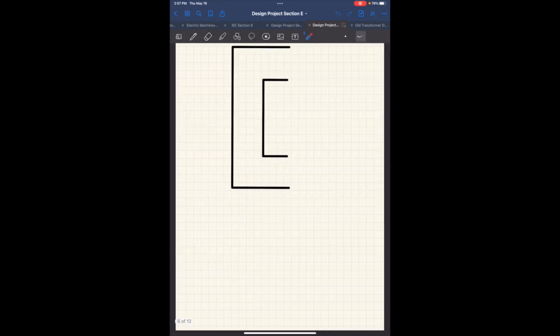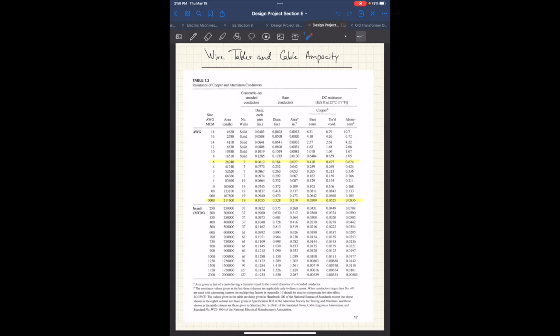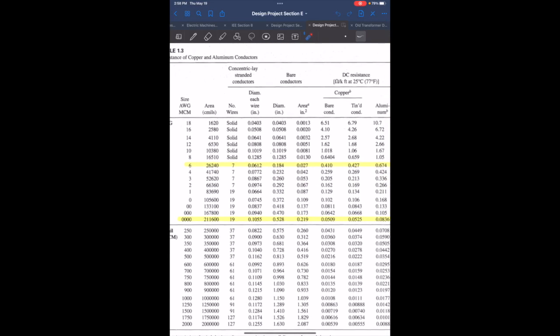So we go to our table, 17,420, and we see here 16,510, and the next highest one is a little bit higher than what we're looking for. It's okay to be a little bit higher, so we're going to select that one. Now, this one is stranded, and we have to double check that our stranding matches the requirement for the ninth harmonic.